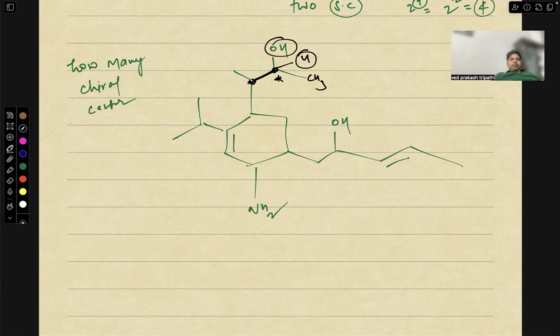Now look at this carbon. Methyl here, one hydrogen, these two different. This ring-connected carbon is different, and on the right side we have the OH-containing carbon, which is completely different. Now look at this one. On the left side we have a double bond, on the right side we have CH2, on the upper side we have a different kind of chain, and there is a hydrogen. So different, so chiral. Always look at the entire length.